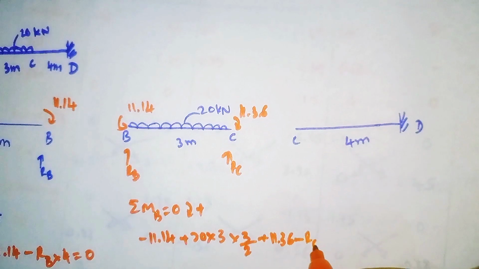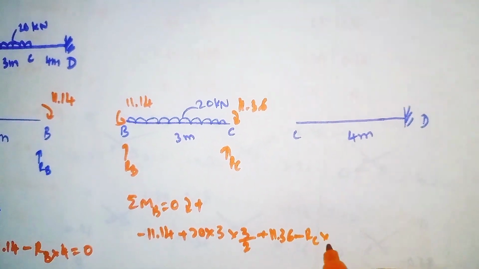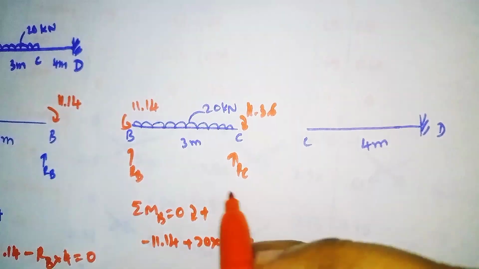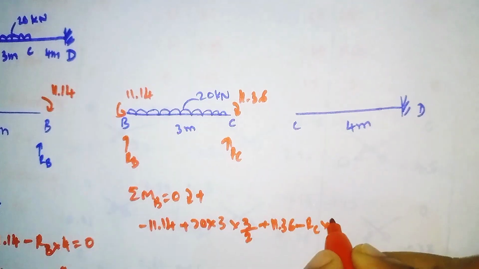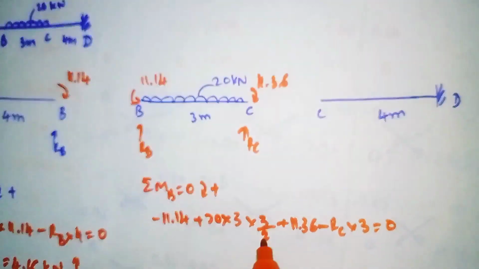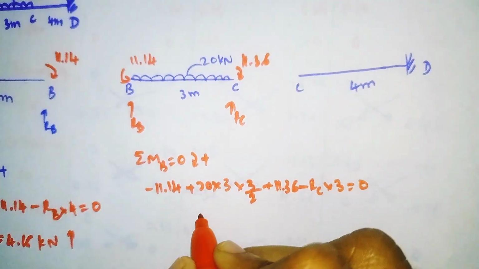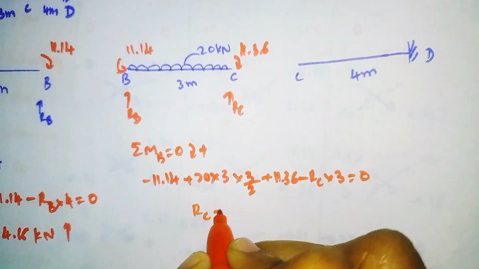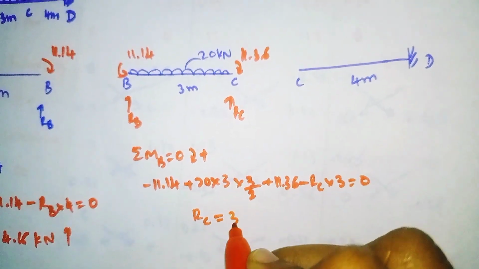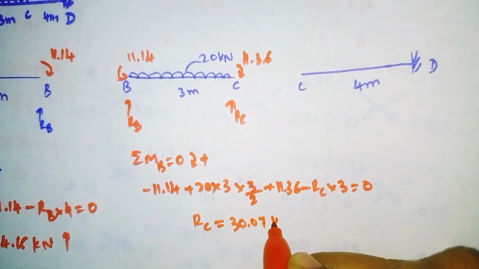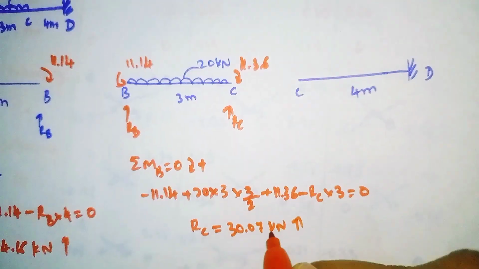It is anti-clockwise, so minus RC into distance 3 meter, is equal to 0. So if we calculate, our RC value will come out as 30.07 kilonewton, so it is positive.